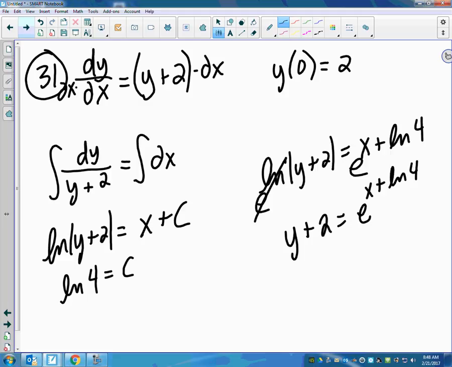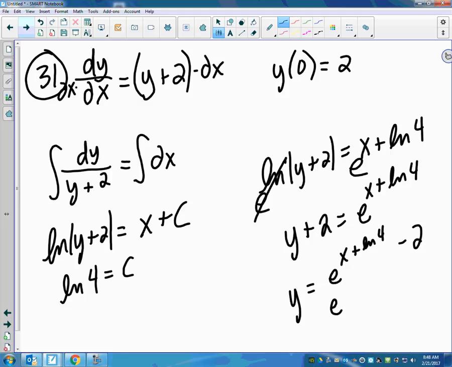If this was not a multiple choice question, you don't have to know all the simplifying stuff, right? So if you wrote y equals e to the x plus ln of 4 and then minus 2, even though that's not the same as the answer in the back of the book, it's the same thing. It's just you could simplify this.